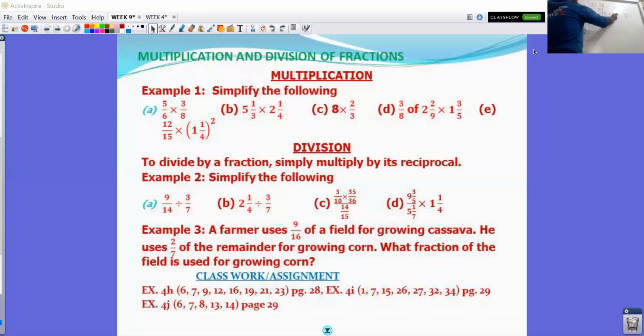Times 4 times 1 is 4, then times 1, plus 1, that is 5/4. Then all over, we can say 5 times 7, 35, plus 1, that is 36/7.